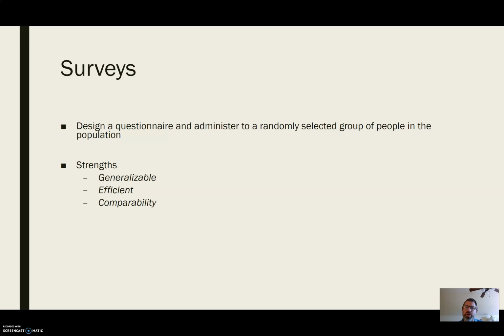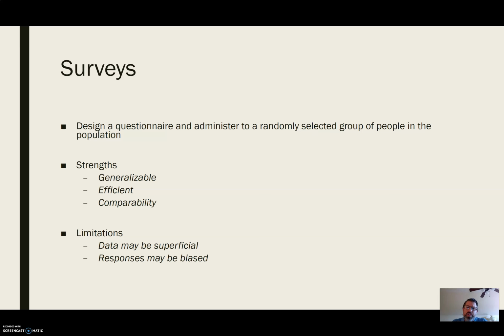You can ask lots of questions, get lots of data on people, and then be able to answer a multitude of different kinds of questions about what might cause poverty and what causes people to end up living in poverty or not. And because everyone is asked the same question the exact same way, this generates comparability. We can really compare answers across surveys and know what the real effect is here.